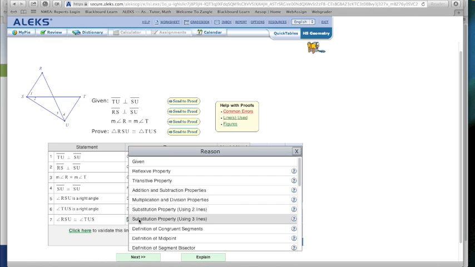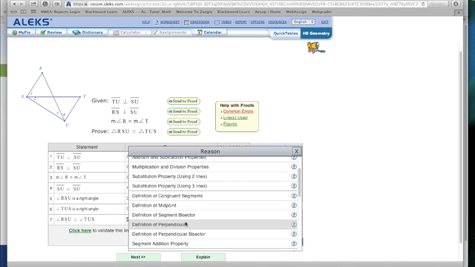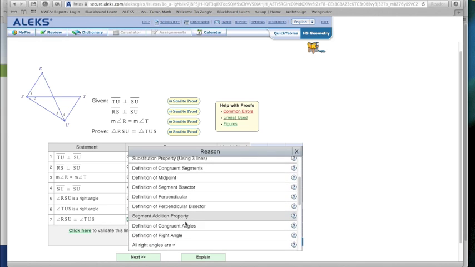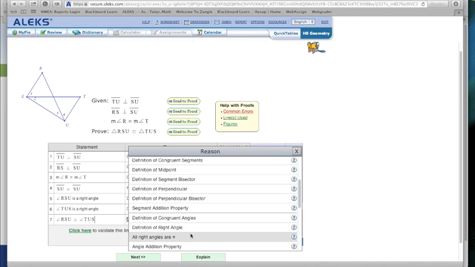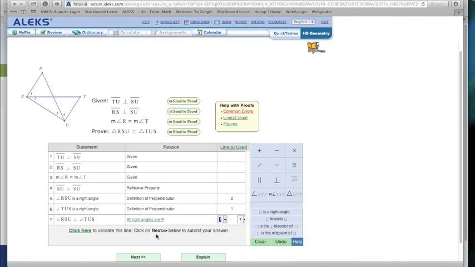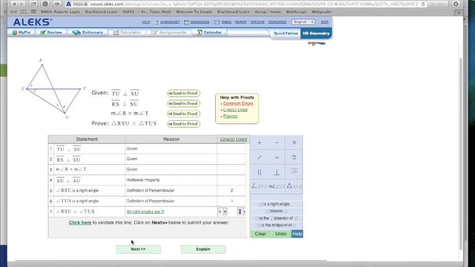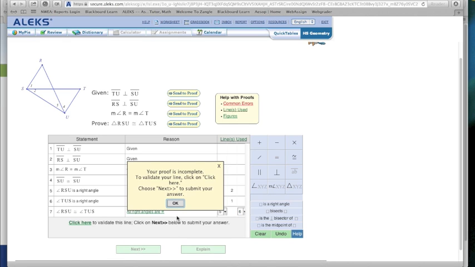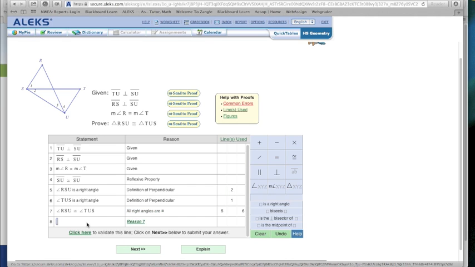And there's something in here about right angles. Here we go. All right angles are congruent. And that's referencing these two steps. So steps 5 and 6. And then click here.